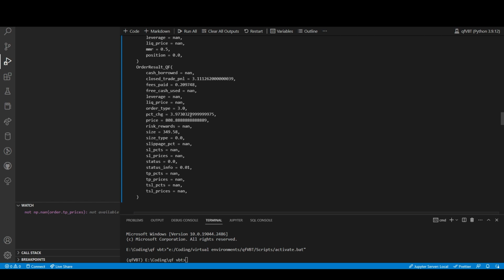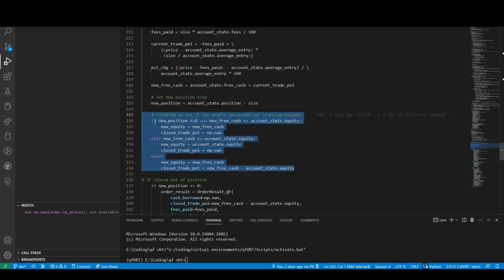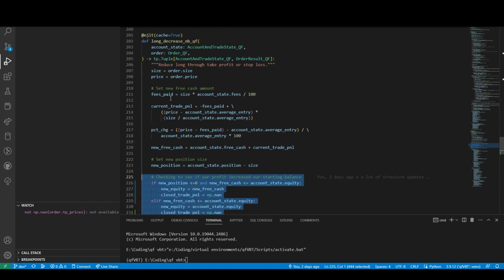Actually, I think that the percent change actually needs to be bigger. Yeah, the percent change needs to be bigger. It needs to be price plus fees paid, right?